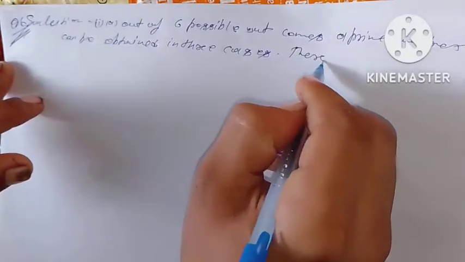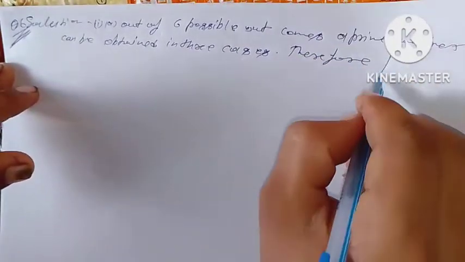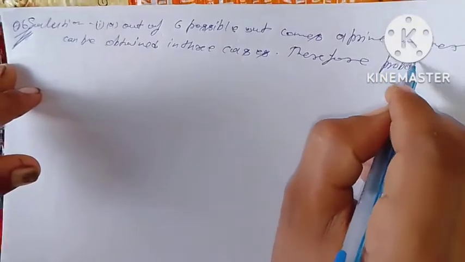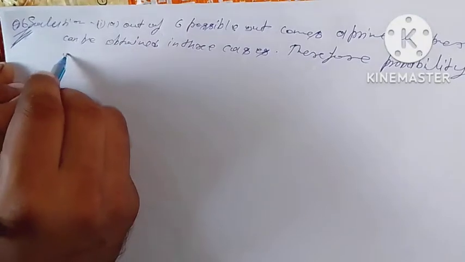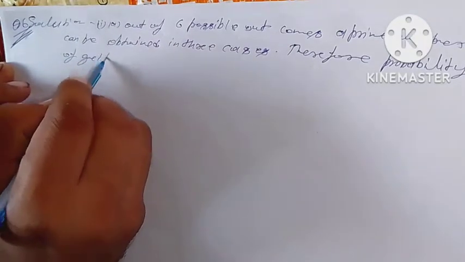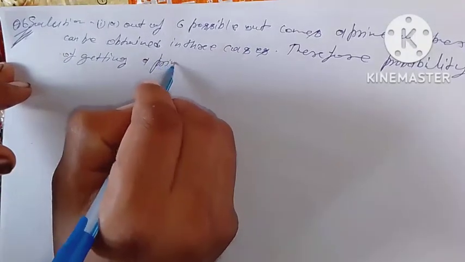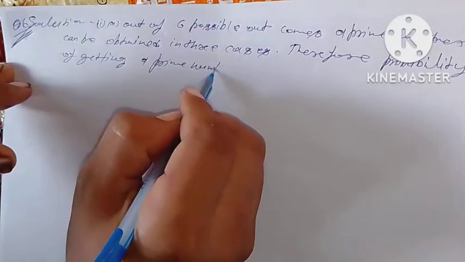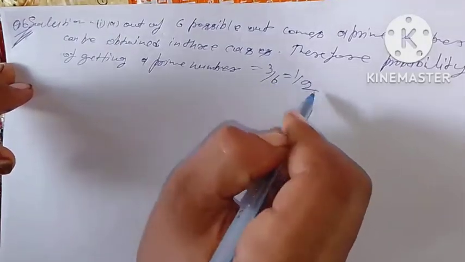Therefore, probability of getting a prime number is 3 upon 6 equal to 1 upon 2.